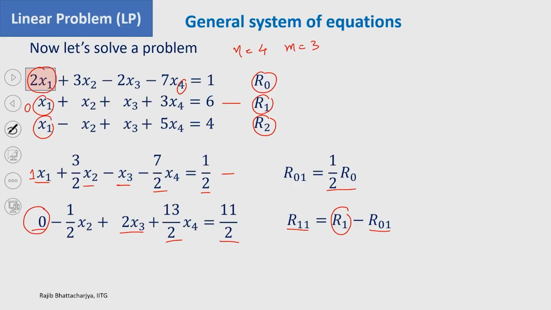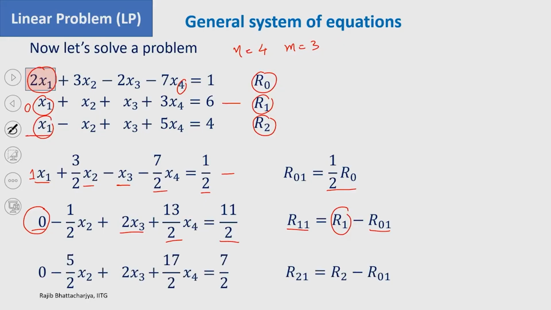Okay. Similarly, I would like to eliminate this x1 variable from equation 3. So, what will I do? In this case I have done the row operation R2 minus R0^1. So, what am I getting?